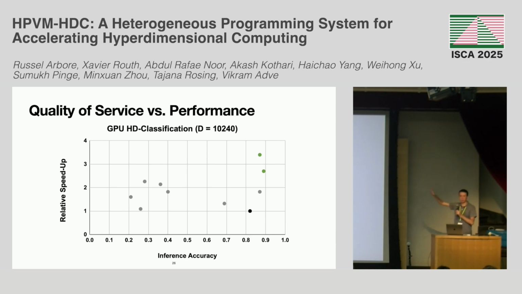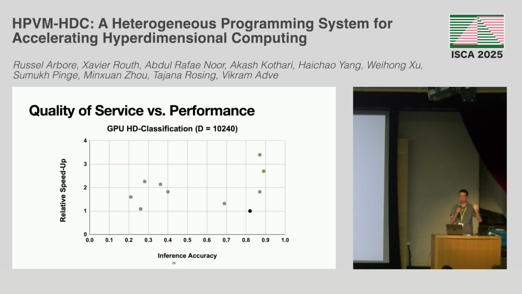There are a bunch of different configurations we can explore, and some of them have much worse inference accuracy because you're approximating some key part that you don't actually want to approximate, whereas some of them are much faster and get competitive inference accuracy, which are the ones in green, because for those we're making the correct choice about what to approximate, so to speak.